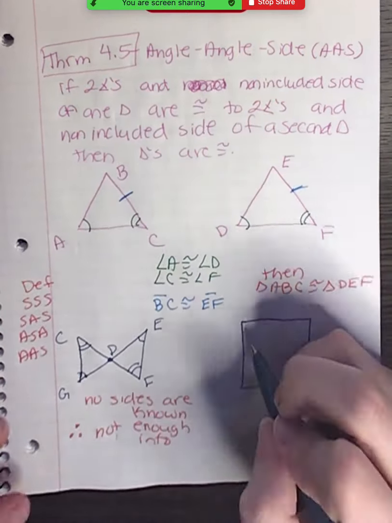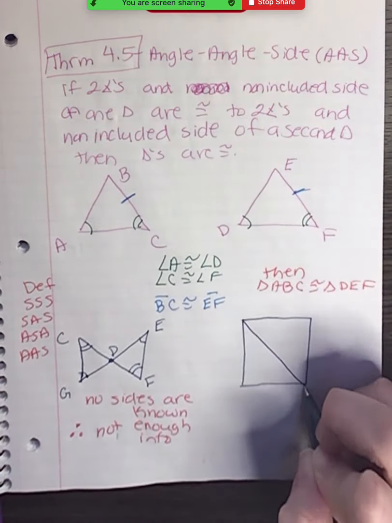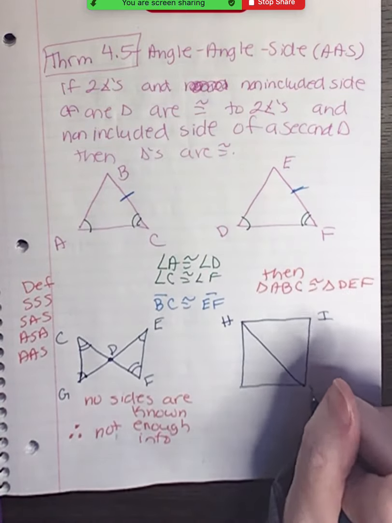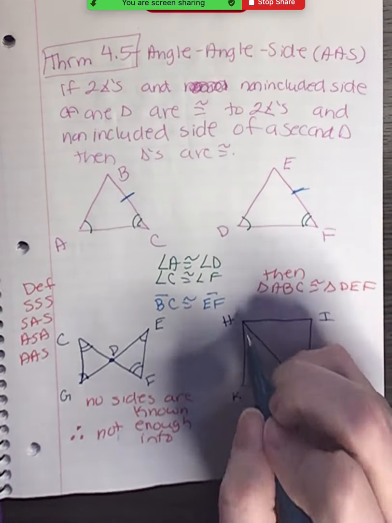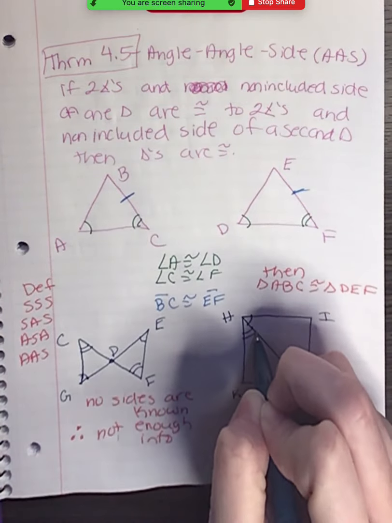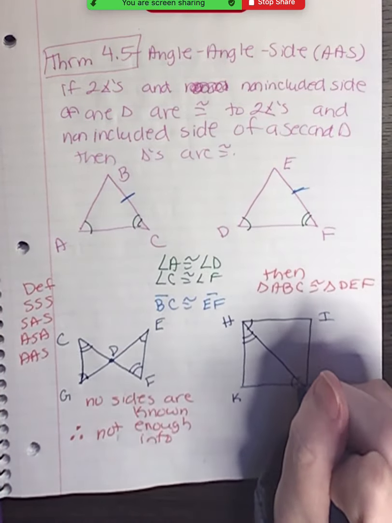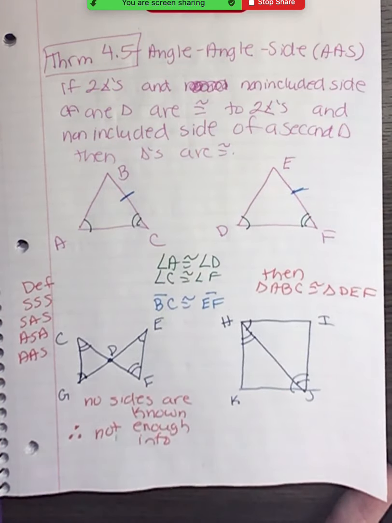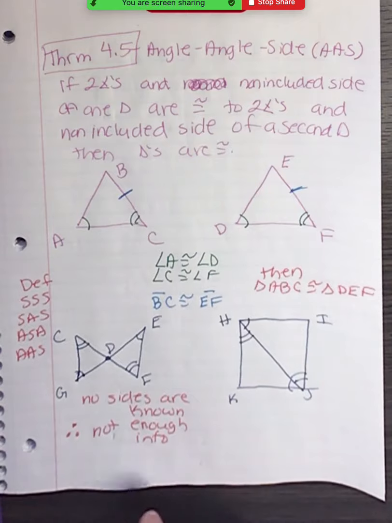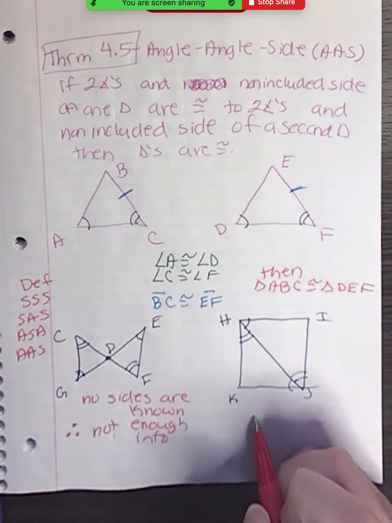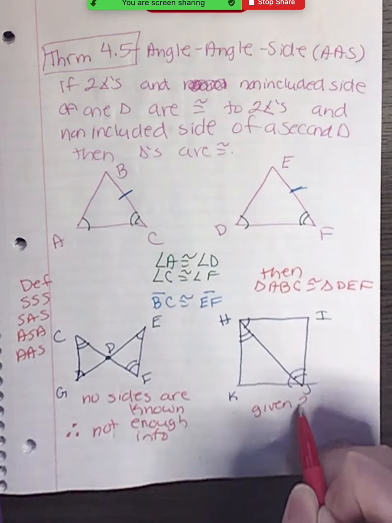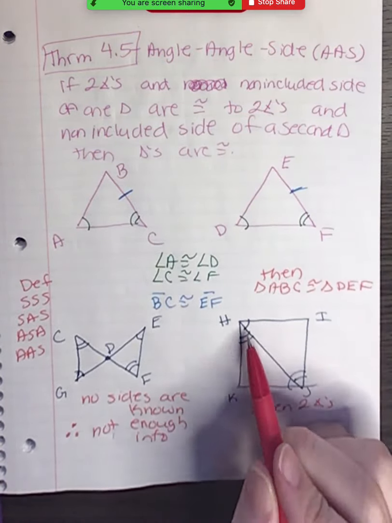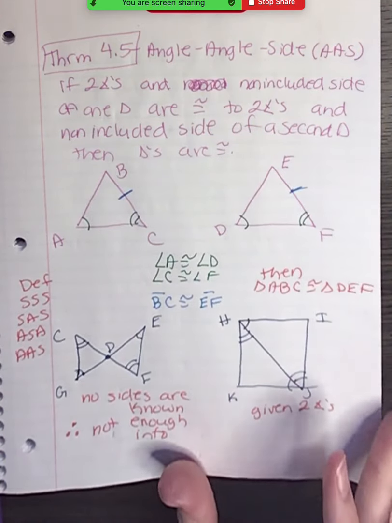Okay, if I'm given this is H, I, J, K. 1 mark here, 2 on this. 1 mark here, 2 on this. Is there enough to show I have congruent triangles? Okay, so again, I have 2 angles. Right, so this angle H and this angle J, then this angle H and this angle J. So we have 2 angles.